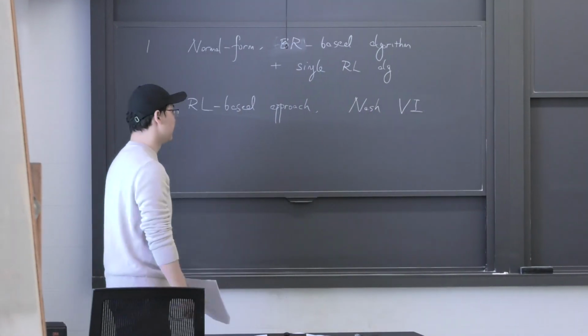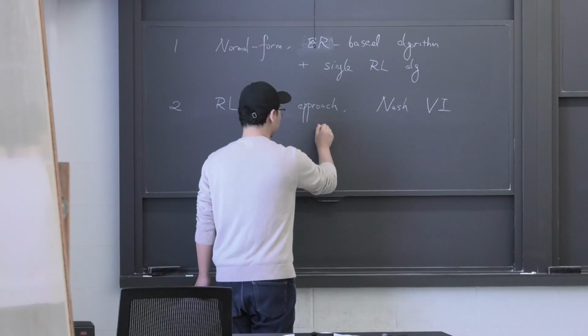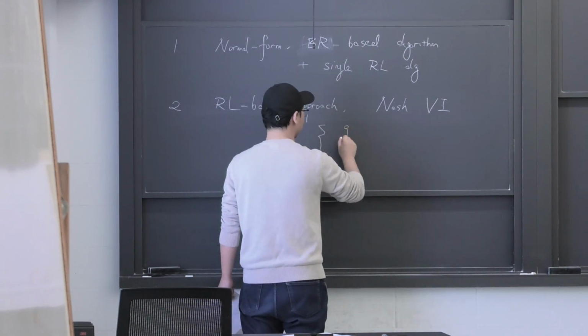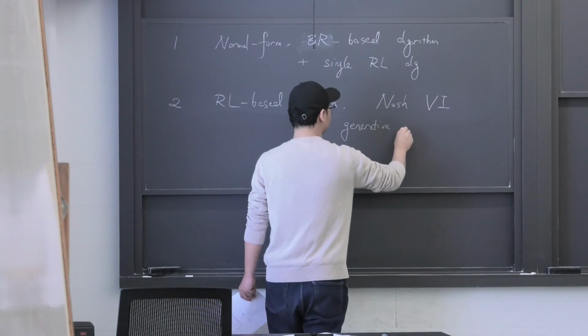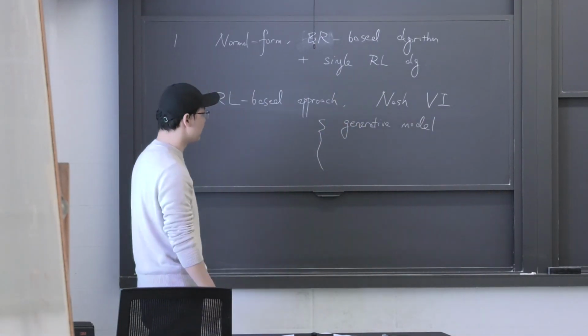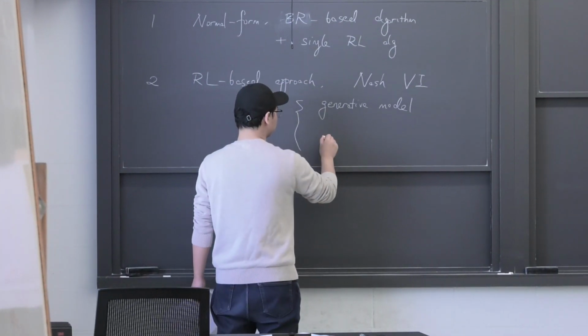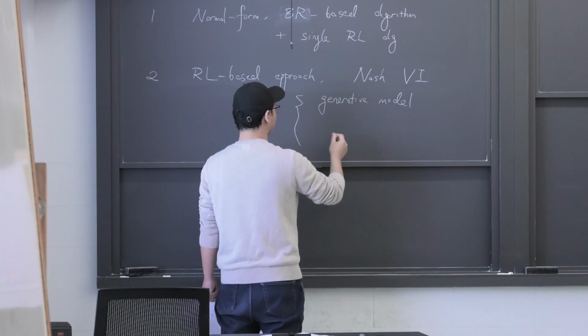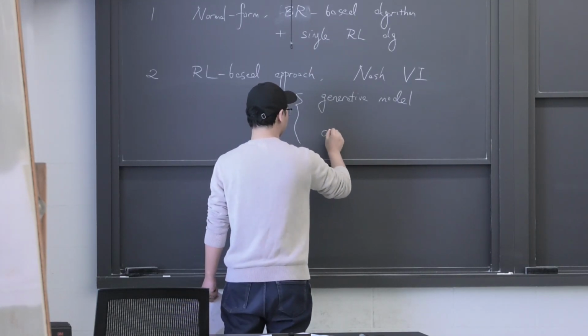So we talked about our previous methods in several different settings, that is in the generative model. And at the end of the very last lecture, we talked about the exploration scenario. So we talked about the optimistic Nash value iteration. This is an online setting.